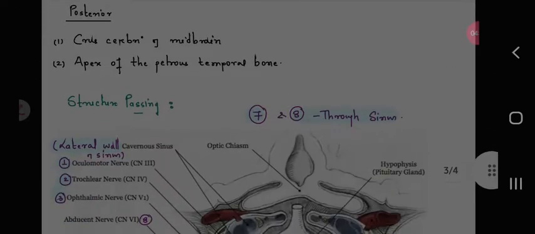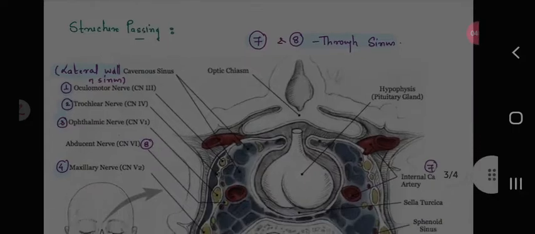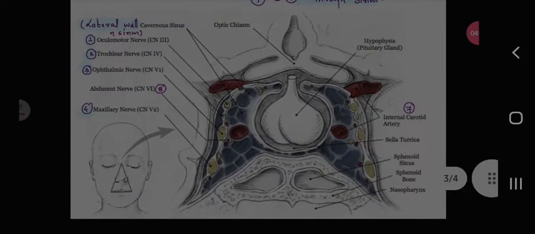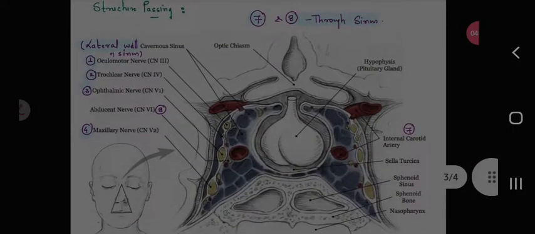And the structures passing through the cavernous sinus are, here you can see, in the lateral wall of the sinus: 3, 4 and the first branch of the trigeminal, that is the ophthalmic. So oculomotor nerve, trochlear nerve and ophthalmic nerve in the lateral wall, and abducent nerve and internal carotid artery inside.